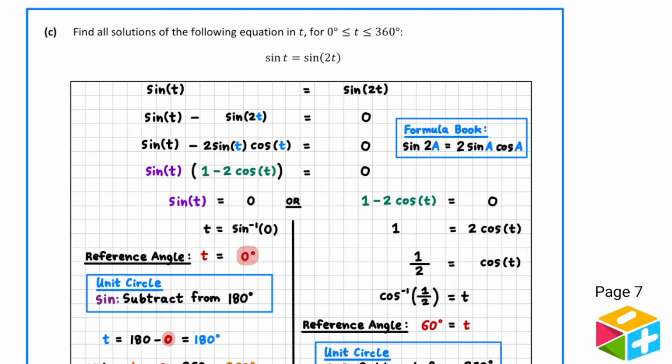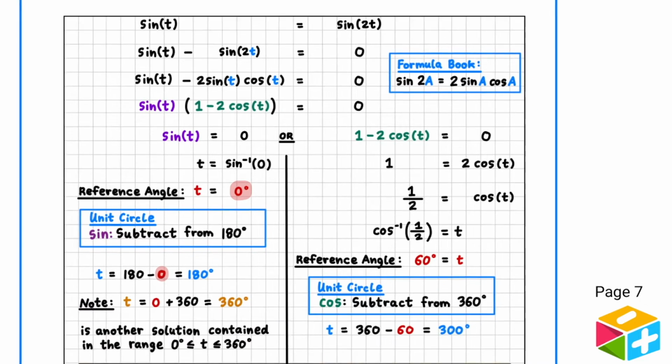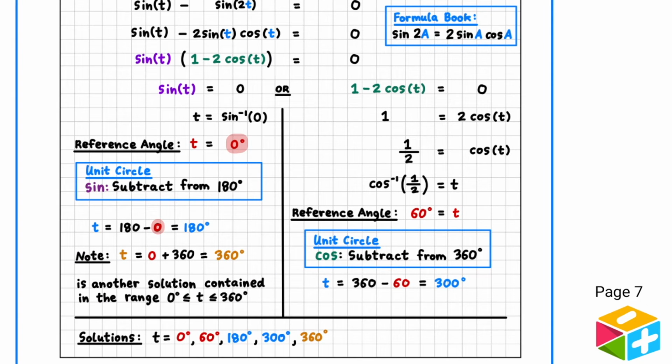Another important thing to note here is that the interval we're given for t, 0 is less than or equal to t, is less than or equal to 360, contains both the endpoints, 0 and 360. Given any solution to a trigonometric equation, if we add a full circle of 360 degrees, we get another solution.